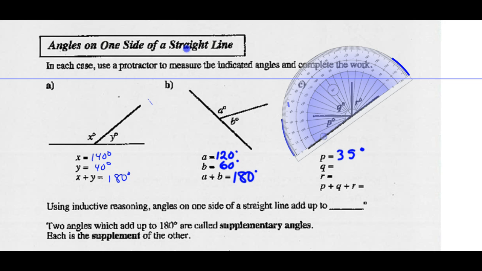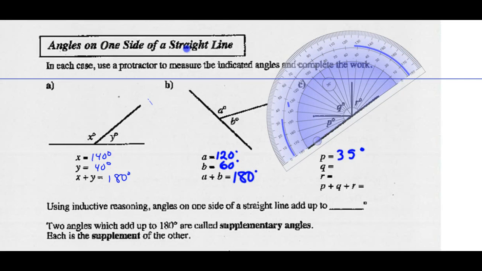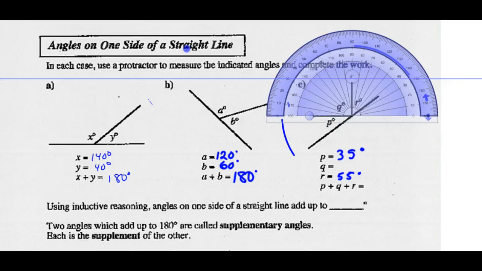Angle R, if we go from here to there, let's just extend this so you can read that, looks to be about 55 degrees. And now if I want to measure angle Q, let's just turn this. It looks like angle Q is exactly 90 degrees. So you add those all up, you get 180 degrees.